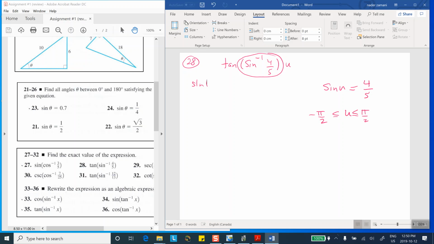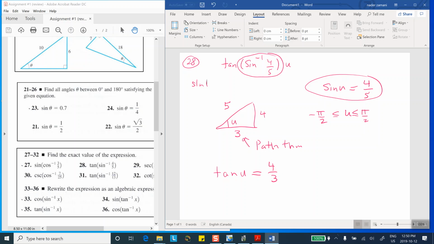We're going to draw a right triangle with an angle u here. The fact that sine of u is 4 over 5 means hypotenuse is 5, opposite is 4, and obviously Pythagorean theorem will tell you adjacent is 3. And what we want is tangent of u, which is opposite, 4, over adjacent, 3.